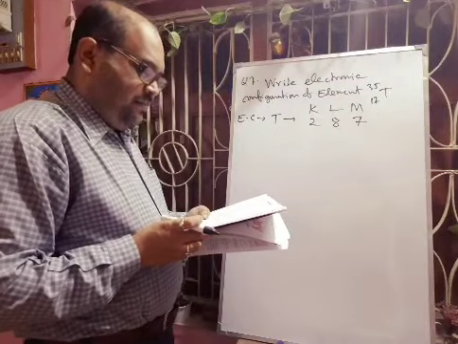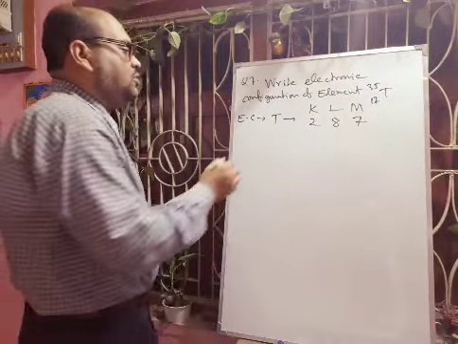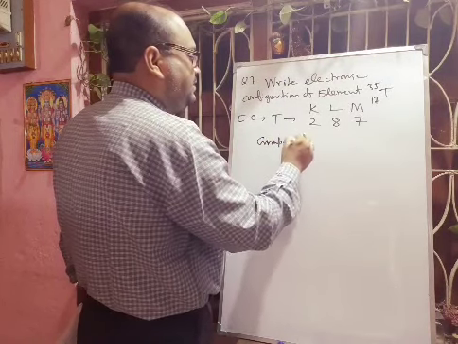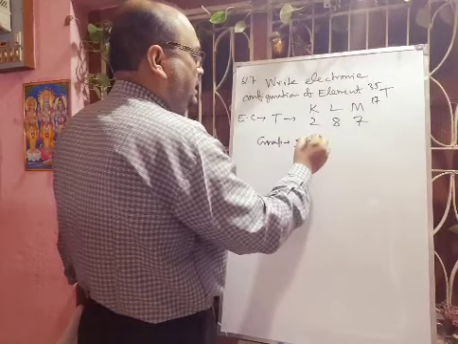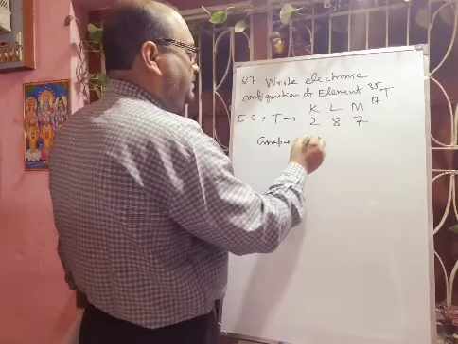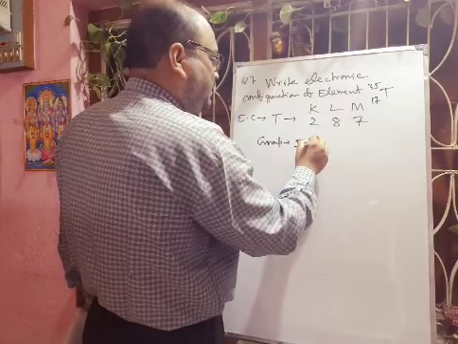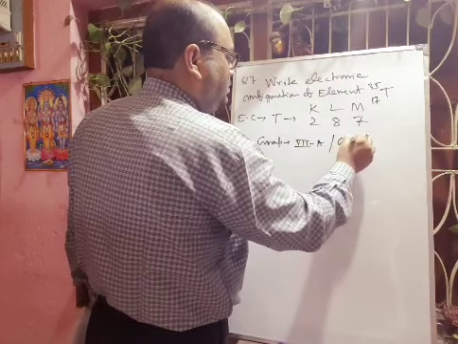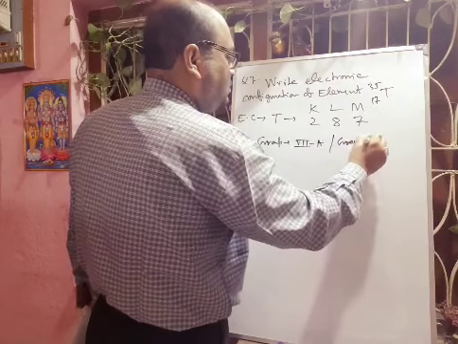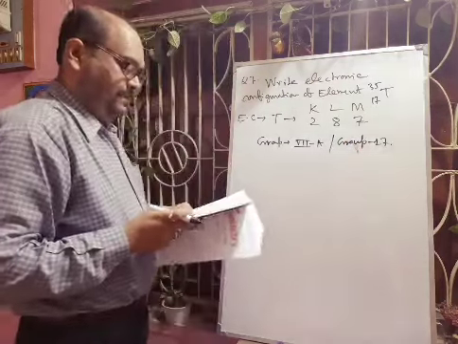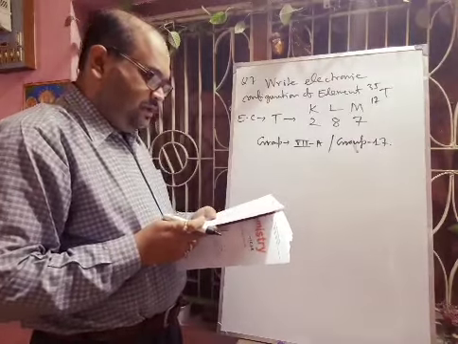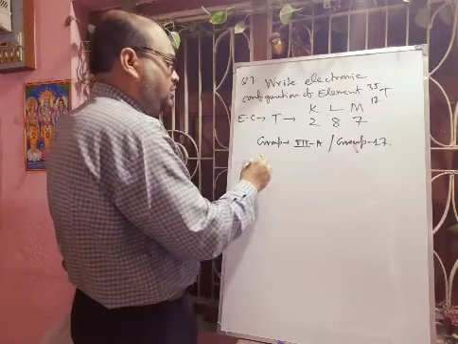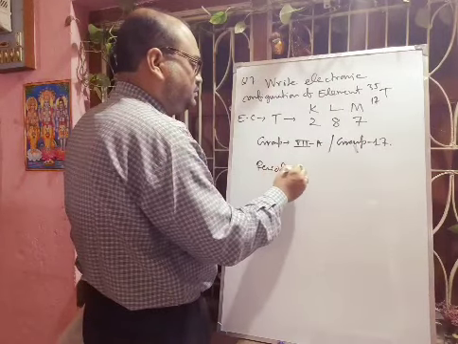What is the group number of T? You can write 7A, actually it belongs to the halogen family. So 7A you can write, or you can write group 17. Okay. Next question is given: what is the period number of T?